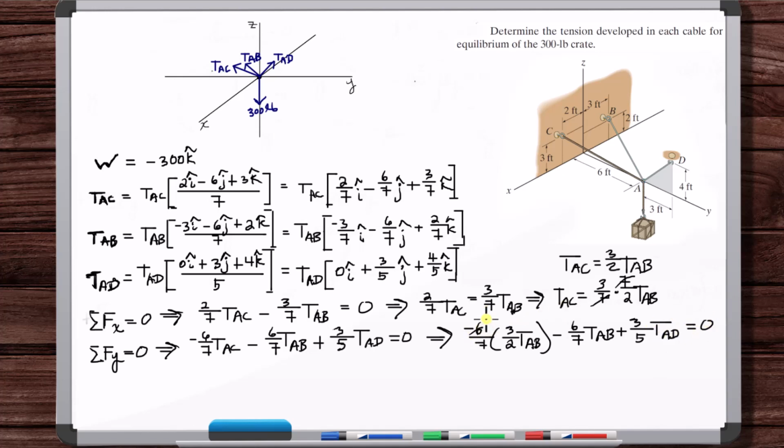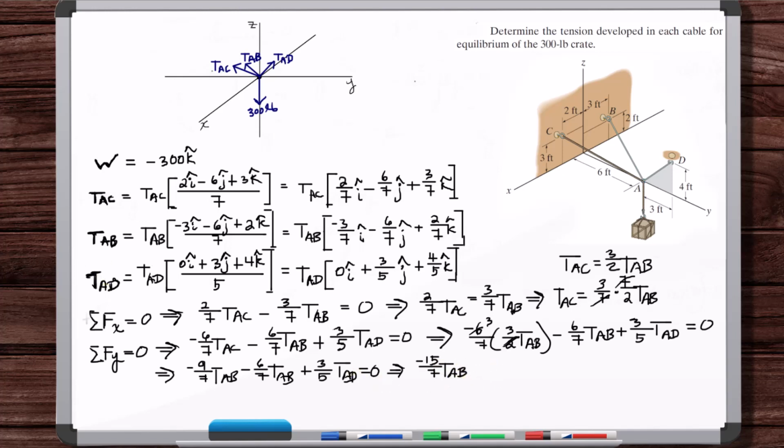Okay. So we have minus... okay. So we can combine these. So minus 9 minus 6. So you get minus 15/7 TAB.